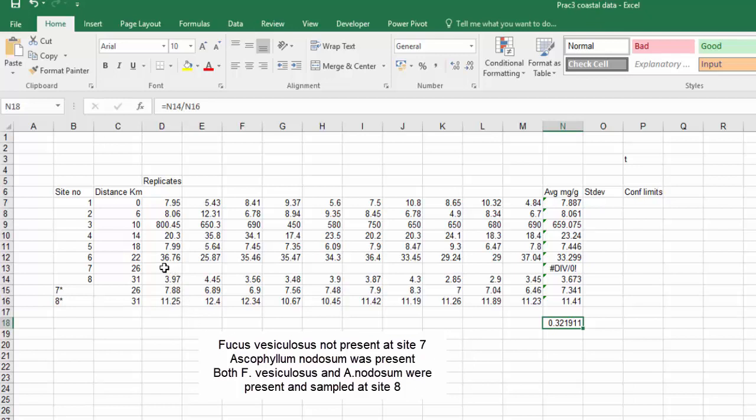So we can enter the Ascophyllum nodosum data from site 7, but multiplied by the correction factor, and for the correction factor we just need to make an absolute reference to it.